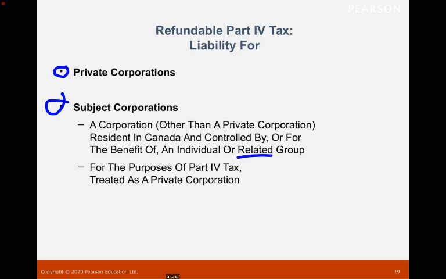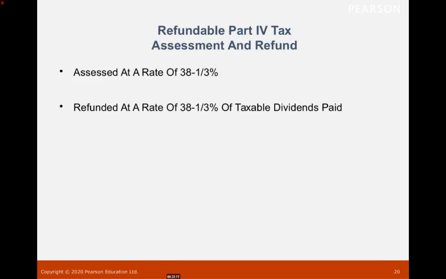So don't worry too much about this subject corporation thing for now. But private corporations is where you're going to see this Part 4 tax. Part 4 tax is assessed at 38.33%, and it is also refunded at the exact same rate, 38.33% of, once again, taxable dividends paid. So we're talking about the same sort of thing, a refundable tax.